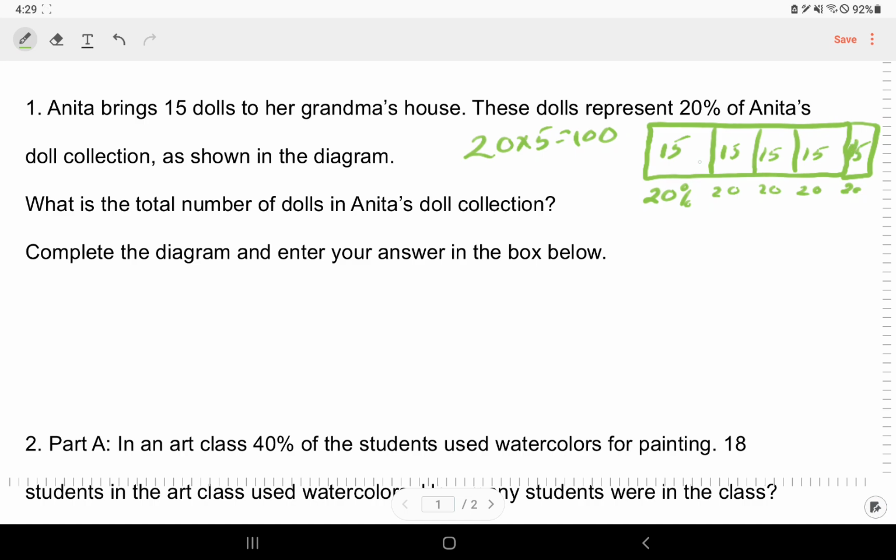And so that's 15 plus 15 is 30, plus 15 is 45, and 45 plus 15 is 60. So that's 1, 2, 3, 4 plus 15 is 75. And so there are 75 dolls.